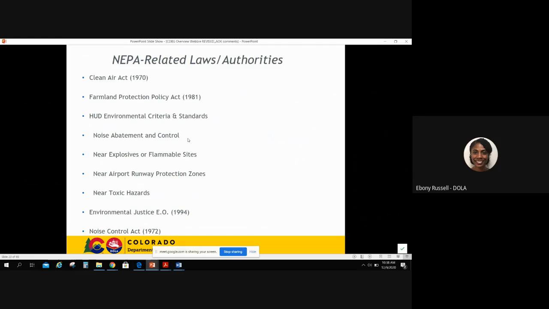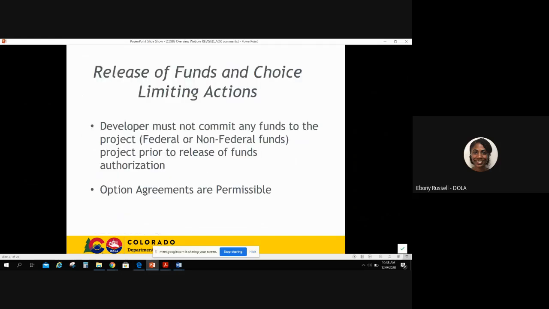Another important one would be the Noise Control Act and the Environmental Justice Act of 1994. Before any funds are committed to a project, you must ensure that your environmental review is completed and that you've received a release of funds.